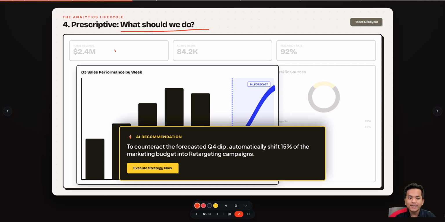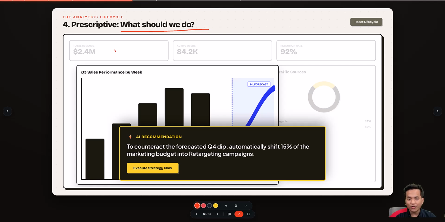So we utilize everything we have learned from the predictive model, from the diagnostic, and from the descriptive. We try to make a decision. So this is what prescriptive is.